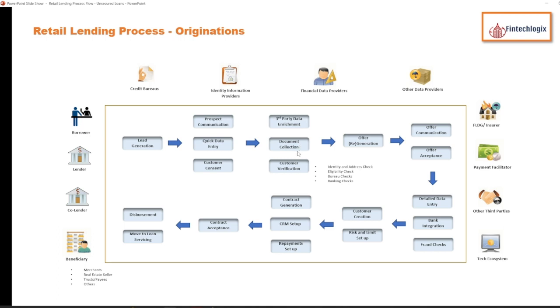May it be physical documents regarding their identity proof, address proof, or may it be their bank information, their employer information, their business information, all that under this document collection. There would be a customer verification done on the collected data.